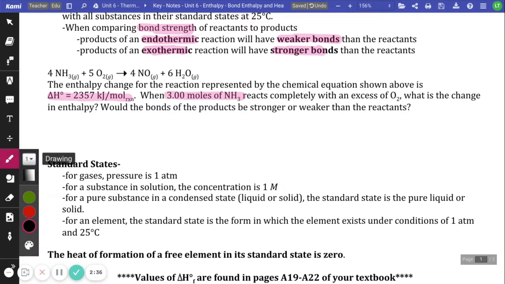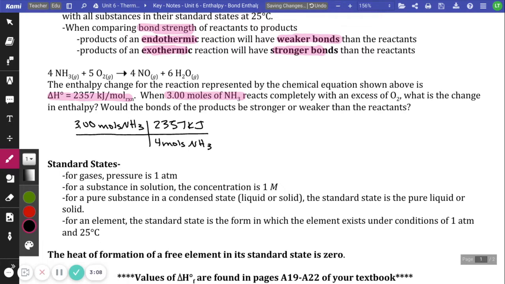All right, so we are going to basically use a mole-to-mole ratio here to help us figure this problem out. So we're going to start with ammonia. So I have 3 moles of ammonia. And from my chemical reaction, I know that for every 4 moles of ammonia that react, it's going to require 2,357 kilojoules of energy.